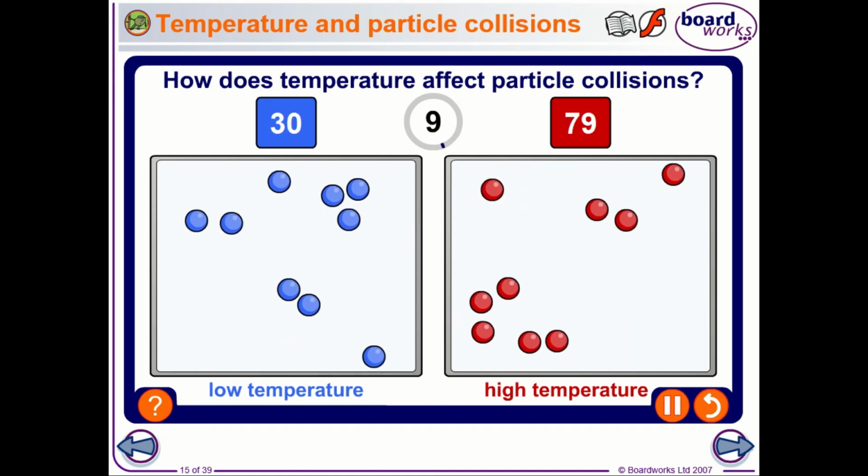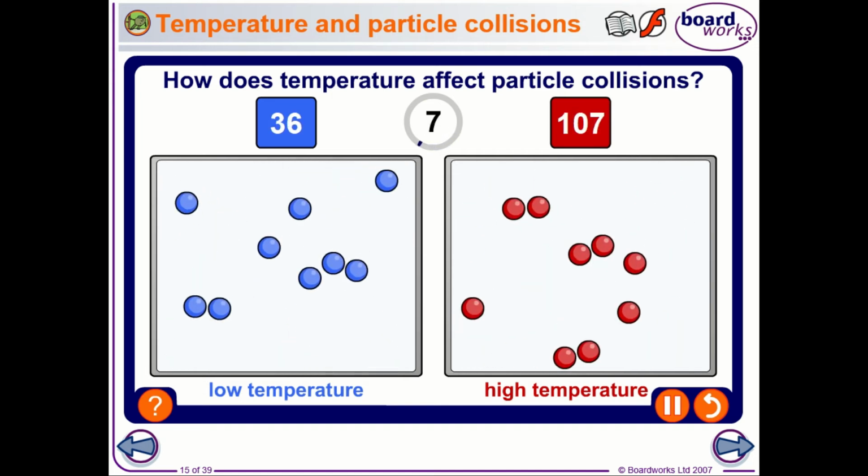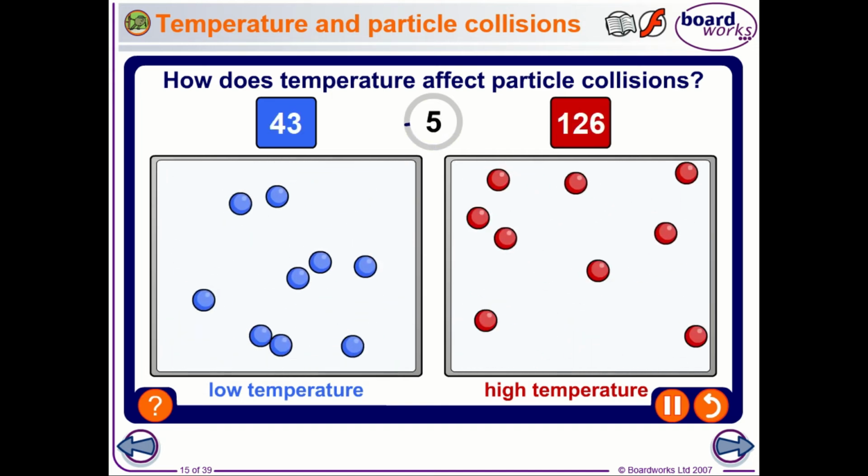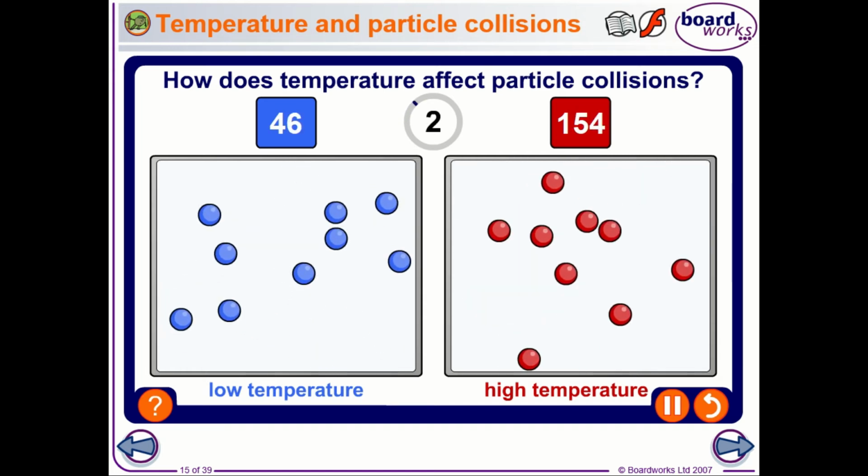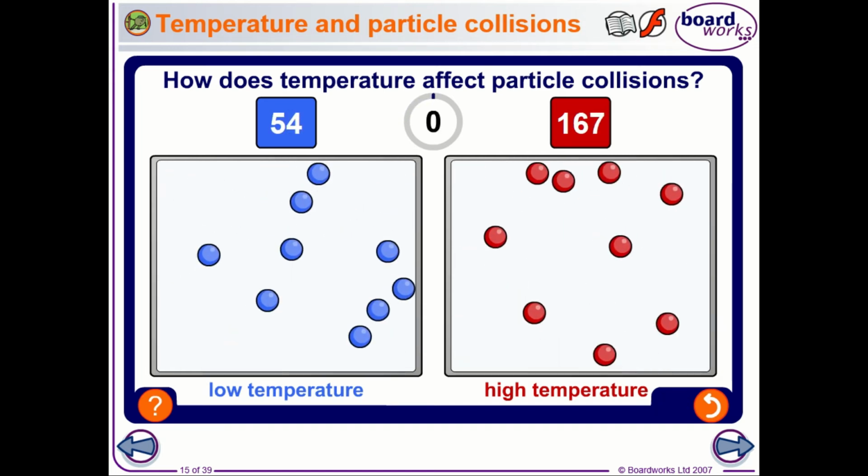Saan mas mataas, saan mas mababa? Okay. So based on the numbers, we can tell that mas mataas ang particle collision sa higher temperature as compared to the particle collision sa lower temperature.